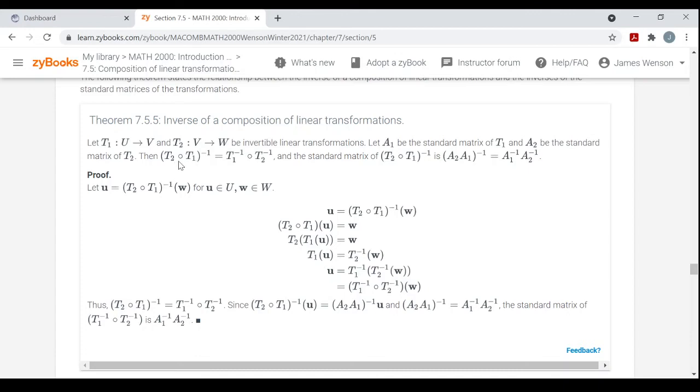So they switch the order and take the inverses for the inverse of a composition. And the standard matrix would be A1 inverse times A2 inverse. I hope this rings a bell.